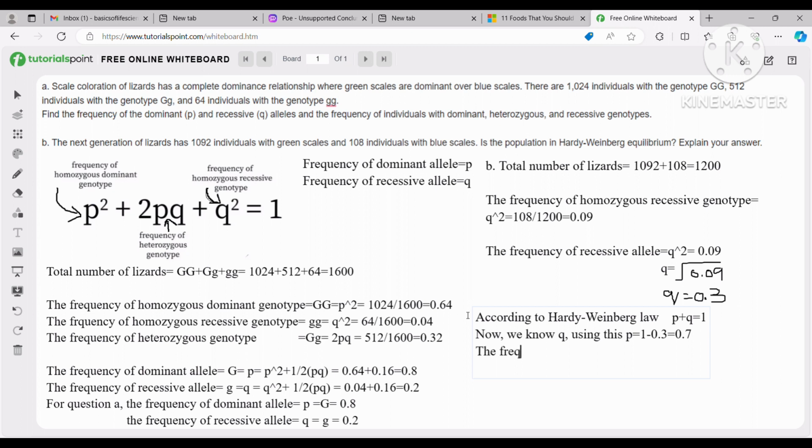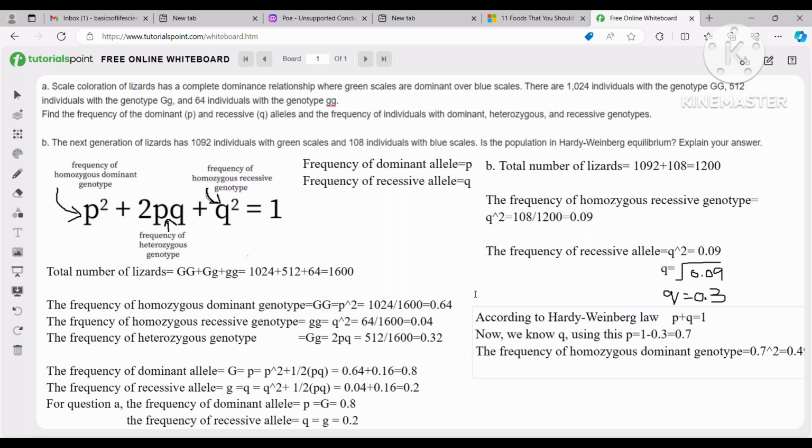Now they have asked whether the population is in Hardy-Weinberg equilibrium. To know whether the population is in Hardy-Weinberg equilibrium or not, you need to sum up the frequency of the homozygous dominant genotype, the frequency of the homozygous recessive genotype, and the frequency of the heterozygous genotype.